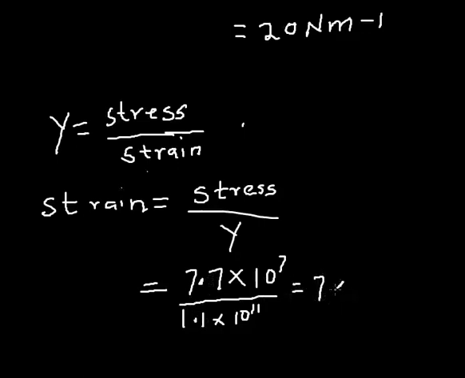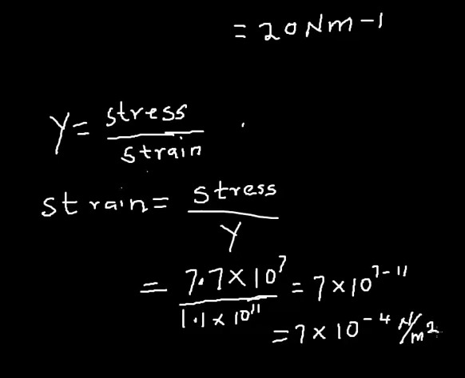And of course, you know how we deal with powers of 10 in indices. Since they are divided, 10 raised to the power 7 divided by 10 raised to the power 11 is going to be 10 raised to the power 7 minus 11. You simply subtract the powers. So my final answer is going to be 7 times 10 raised to the power of minus 4.